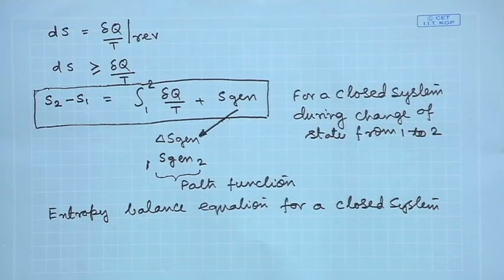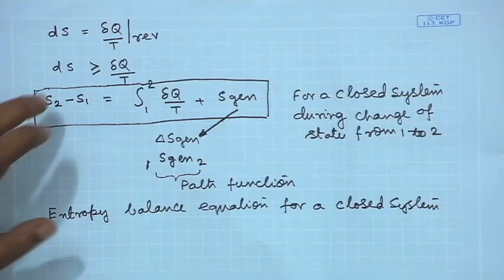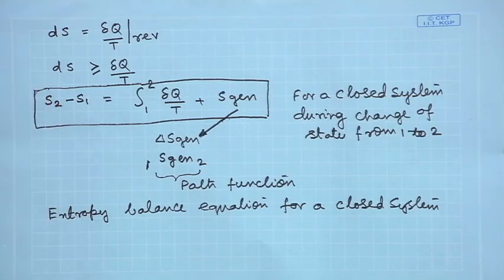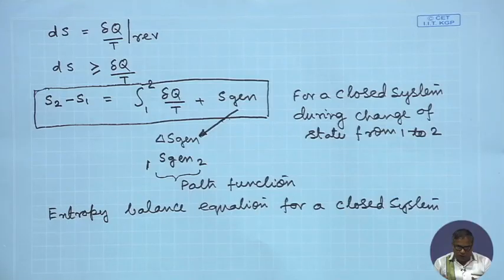So, this is very important. For a closed system, what we can see is that the change in entropy, on the left hand side, comes from the change of entropy of the system that results from the heat transfer process, and that results from the irreversibility which generates entropy.